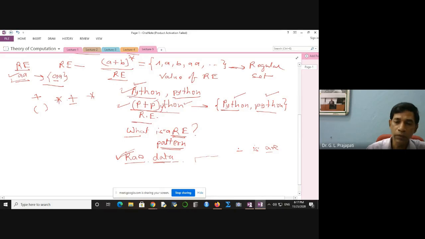And how can you describe such words? You can write a regular expression, and with the help of the regular expression your data cleaning algorithm will search for such patterns in your raw data and remove them. So in data cleaning, you can also use the regular expression.